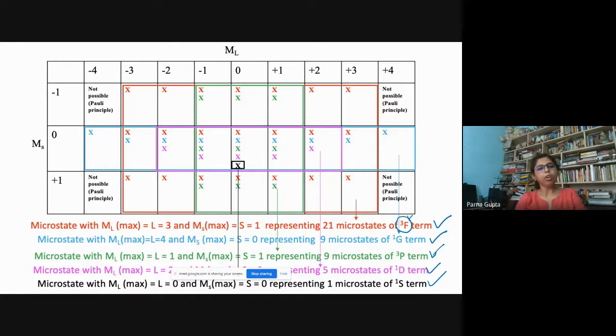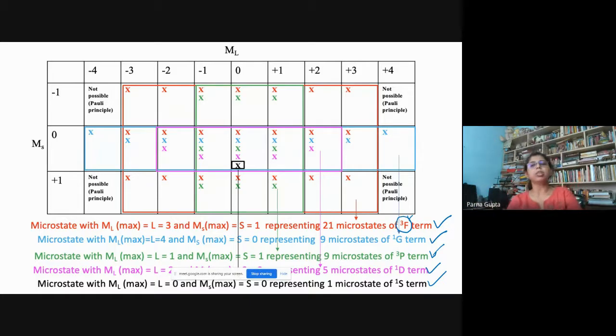But what we have seen is that this doesn't follow the rule, and the rule is a little bit different when we take the interionic repulsions.